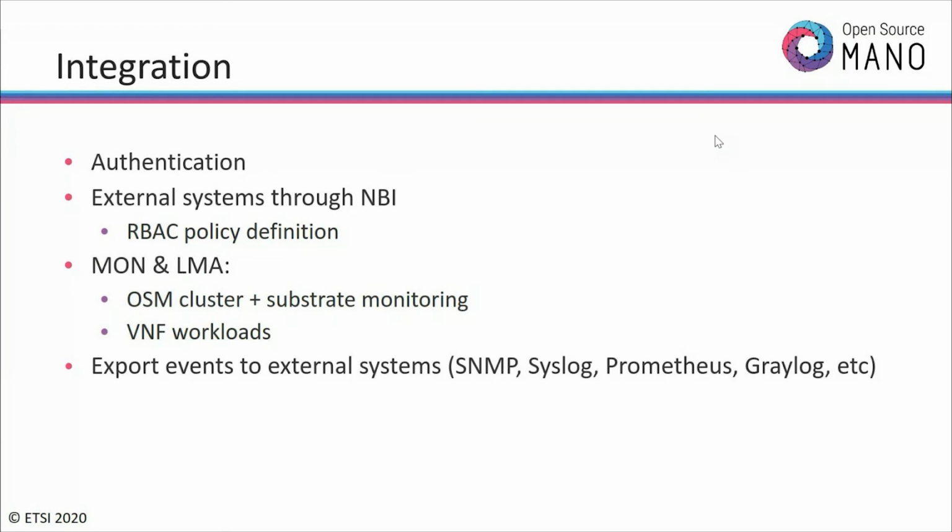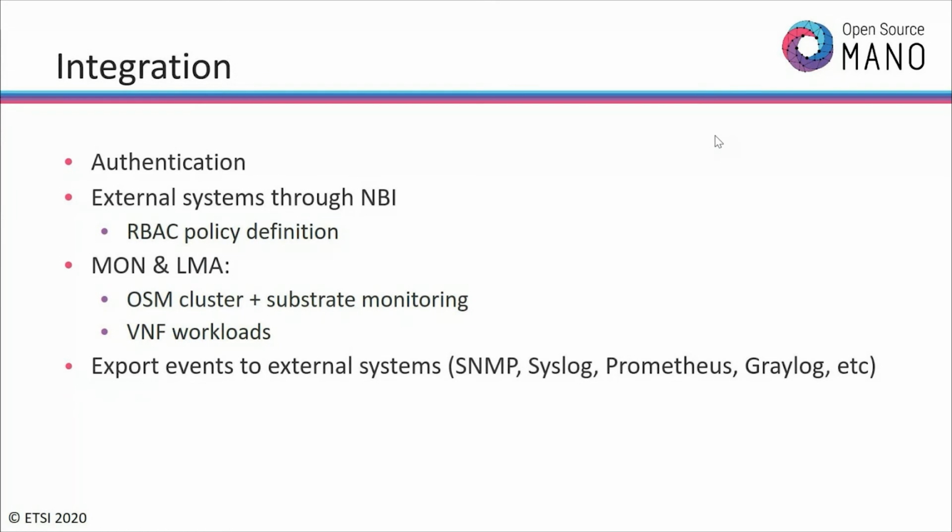It's also important to have different users or systems that need different levels of access, and this can be controlled by setting the proper RBAC policies on the NBI. So in order to secure the usage of the northbound interface, RBAC policy definition is definitely something that people need to consider.